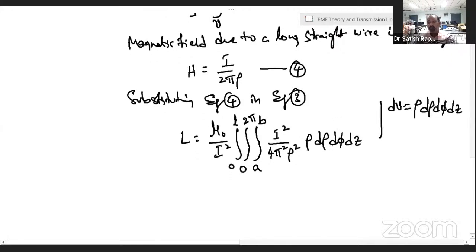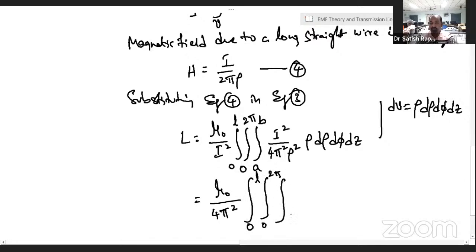Simplifying this, it is equal to mu naught by 4 pi square, I square and I square will get cancelled, with limits 0 to L, 0 to 2 pi, and a to b.